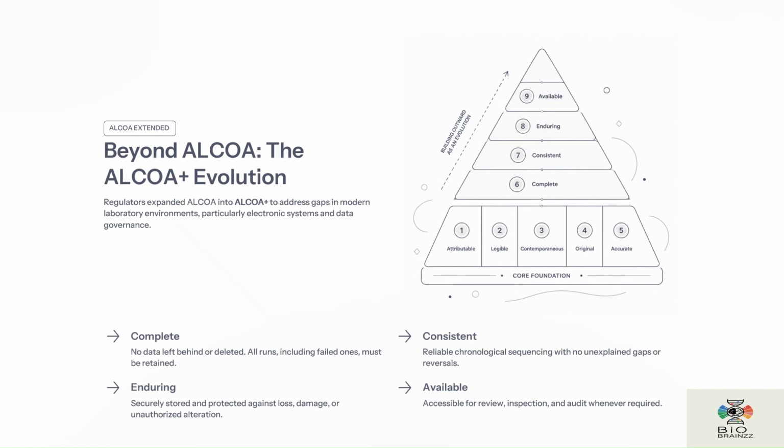Enduring. Records should be stored securely and protected against damage, loss, or unauthorized changes. Available. Data must be easily accessible during audits, inspections, investigations, and reviews. ALCOA principles help organizations maintain integrity in both paper-based and electronic systems. Today, ALCOA Plus is considered the gold standard for data integrity management.